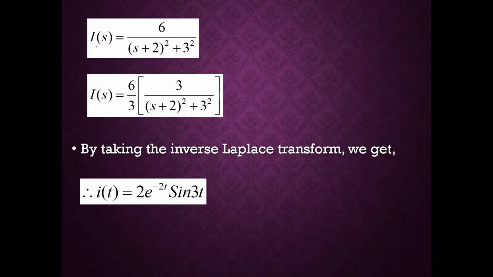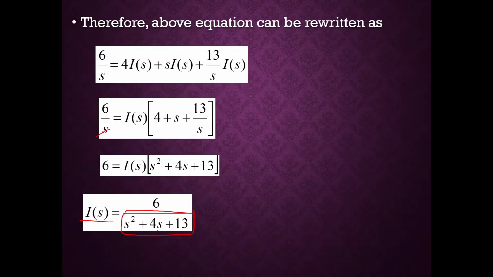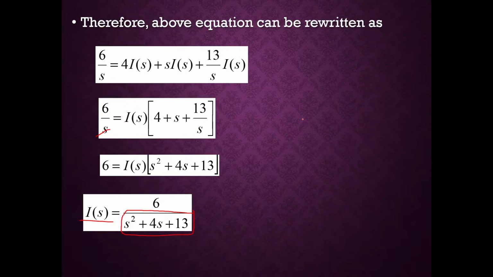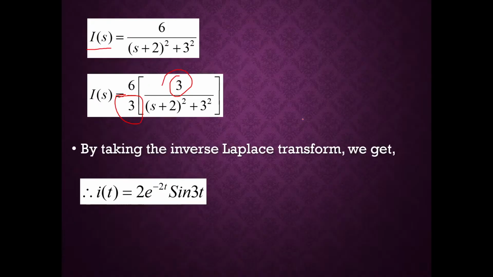So I of S is equal to 6 divided by S square plus 4S plus 13. I have rewritten it as S plus 2 whole square plus 3 square. I have simply multiplied and divided with 3 in the above equation, so I was able to simplify it quickly.